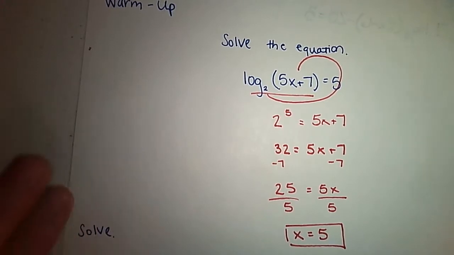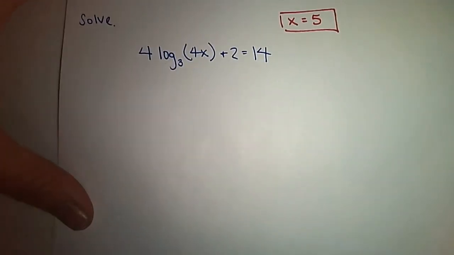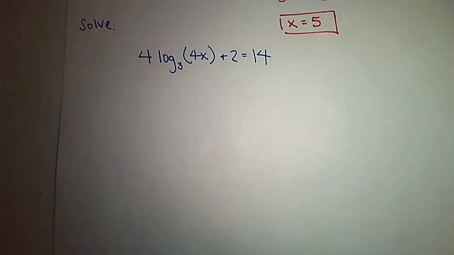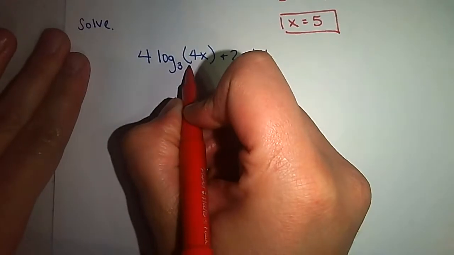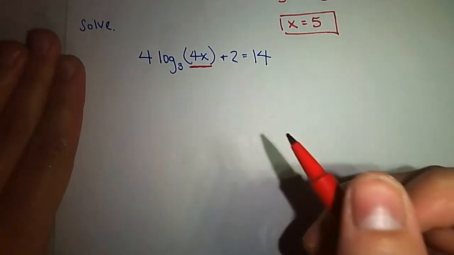All right. So like I said, we're going to get a little bit more complicated today. This is the problem we're going to see today. We have 4 times log base 3 of 4x plus 2 equals 14. First thing I want to point out is that the only thing in the argument is this 4x.